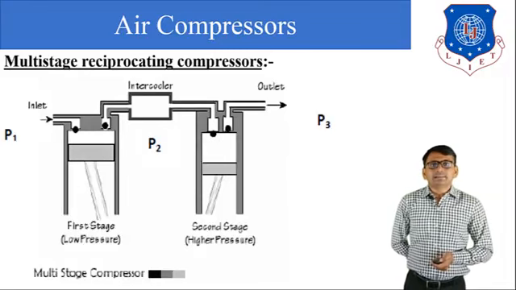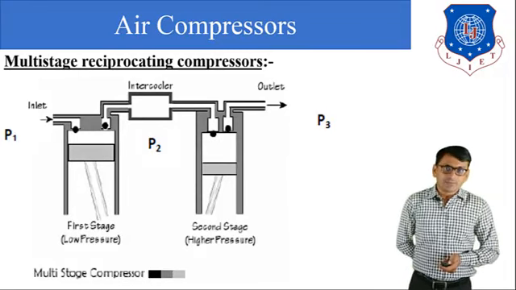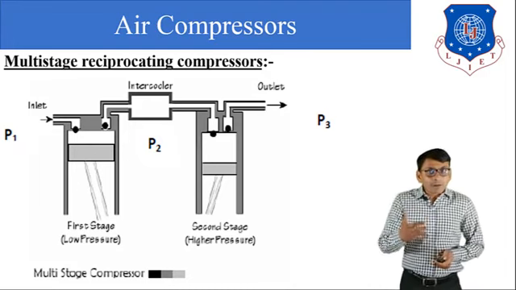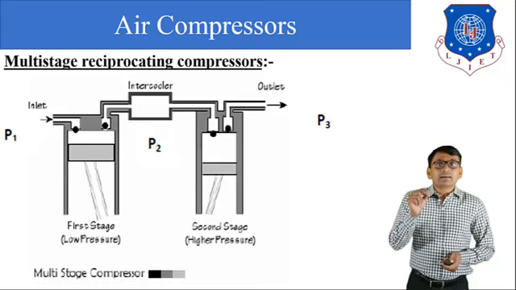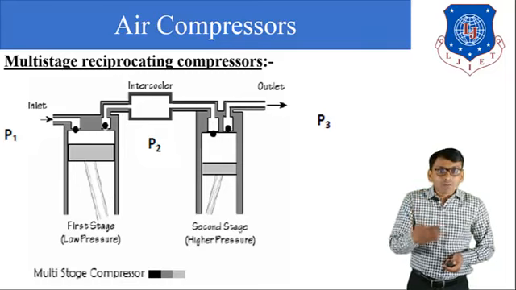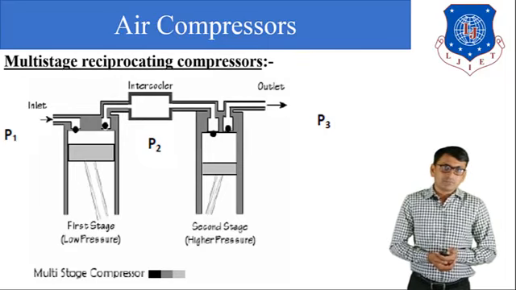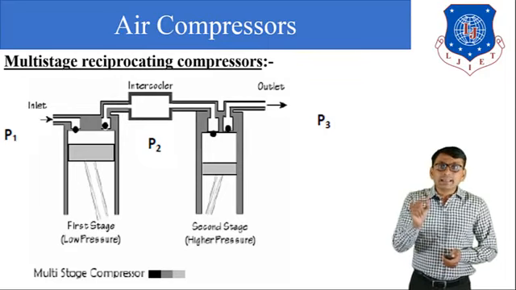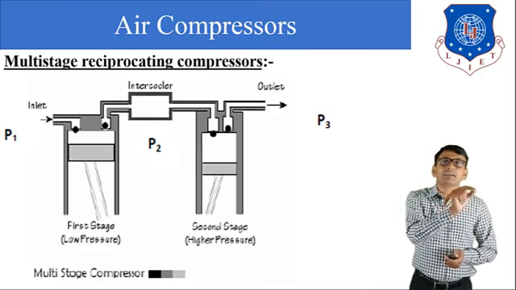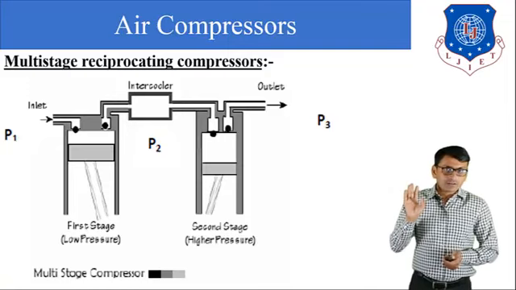Then we discuss the multi-stage reciprocating compressor. What do you mean by multi-stage? If we compress air more than one time, then it is called multi-stage. In the last lecture, we discussed the single stage reciprocating compressor, with only one cylinder and one piston.